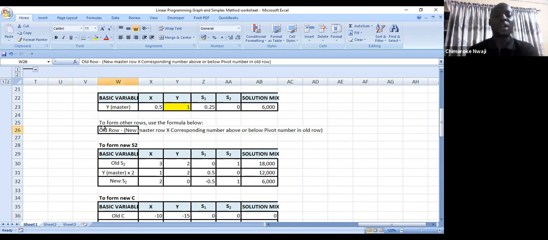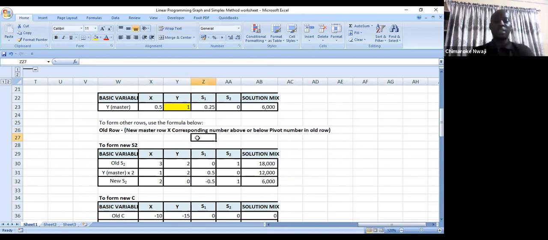There is this formula called old minus new times old. How do we explain it? This is the old row minus the new master row, multiplied by the number above or below the pivot.